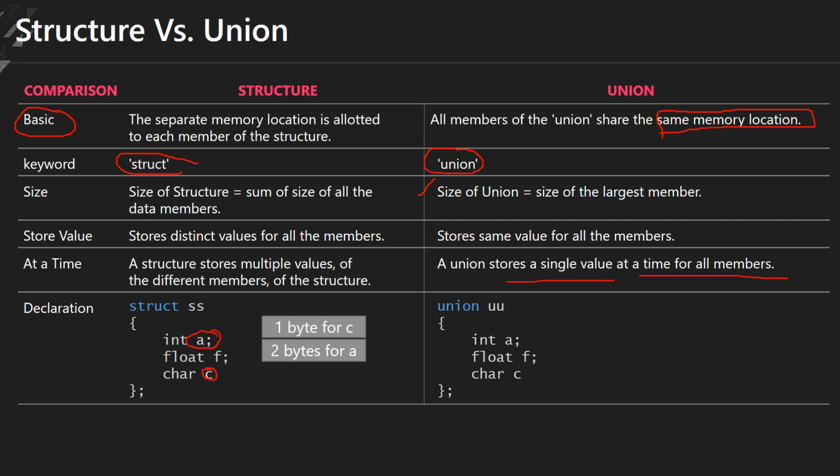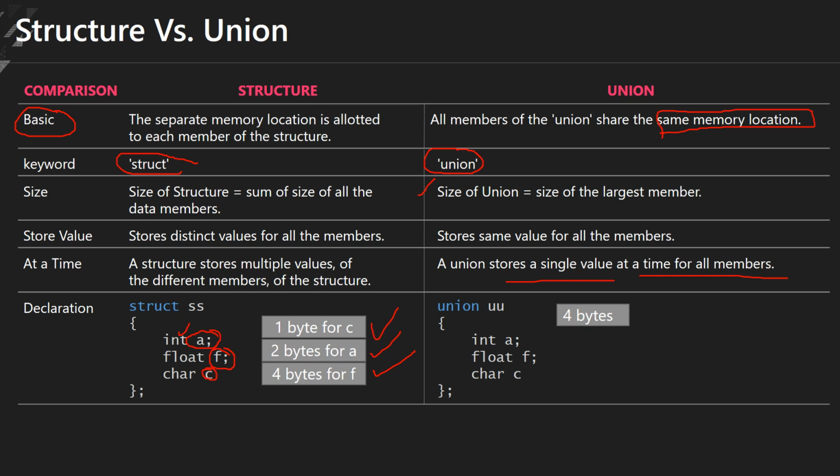Its data type is int, and it occupies 2 bytes. What about F? Its data type is float, and it occupies 4 bytes. Each one occupies a different memory location according to its type size. Whereas in a union, it occupies 4 bytes of memory.